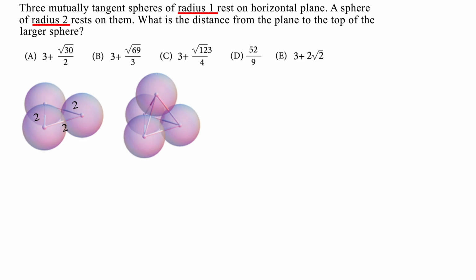You split it up into 3 segments. The first segment is from the middle of the top sphere to the very top. The next is from the middle of one of the bottom spheres to the bottom. And the last component is the one we concentrate on the most in this question, which is from the middle of the top sphere down to the base of that triangle.